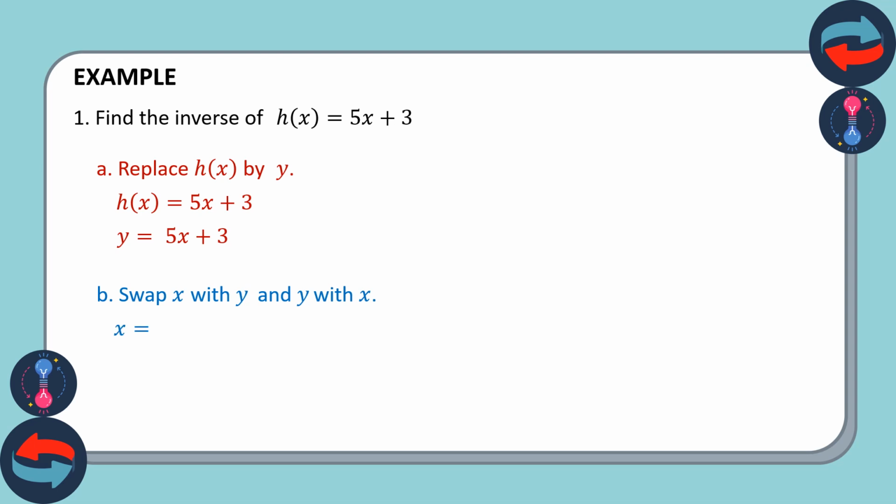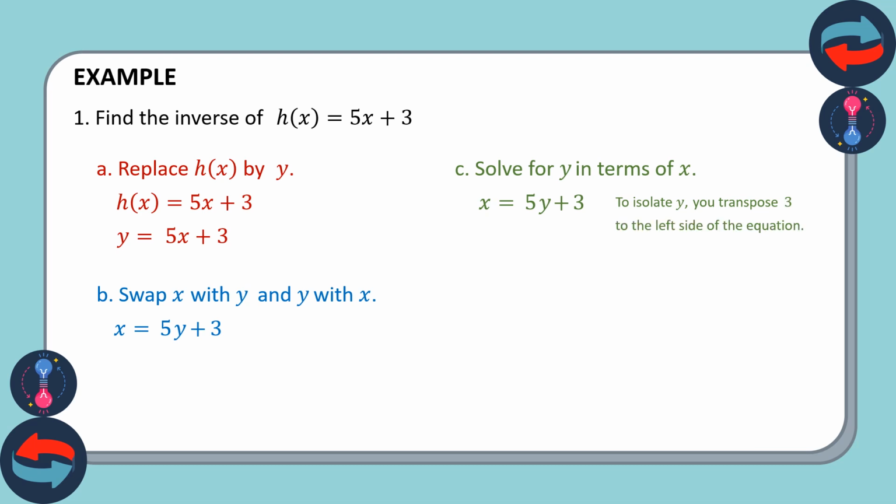So x is equal to 5y plus 3. We now solve for y in terms of x. To isolate y, you transpose positive 3 to the left side of the equation. So our equation is x minus 3 equals 5y.